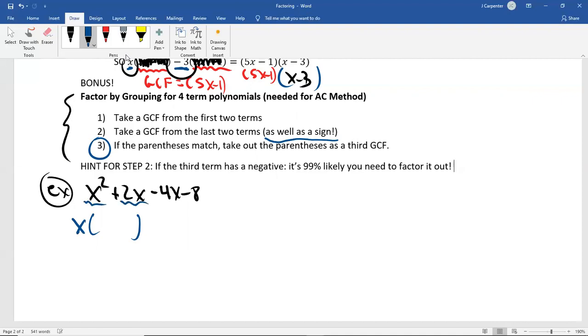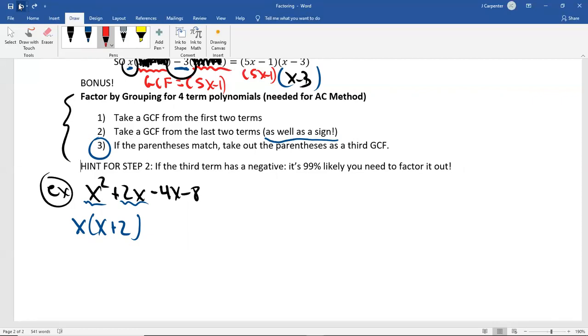Between x squared and 2x, the GCF is an x. So when I take out that x, x squared divided by x is x, and positive 2x divided by x is a plus 2. Now this is our goal for the next parentheses. If we can't make the next parentheses that in some way, shape, or form, it's not factorable for us. But I can guarantee you any problem you see, it will happen if that was the point of the problem.